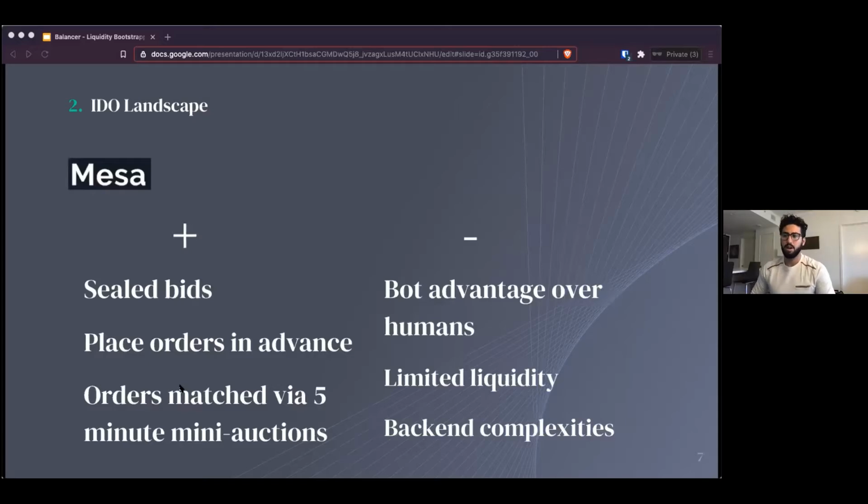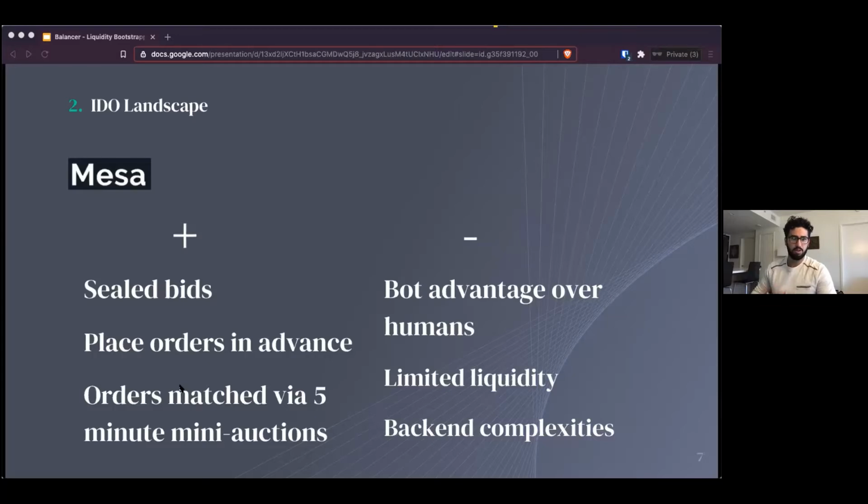So next option here is Mesa, and Mesa has some very interesting features, such as allowing buyers to place sealed bids in advance, and then later those orders are matched through these 5-minute mini auctions.